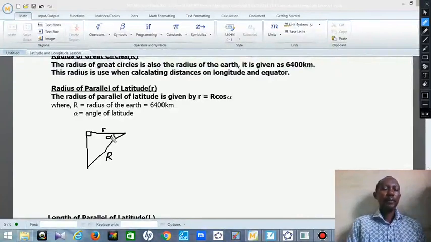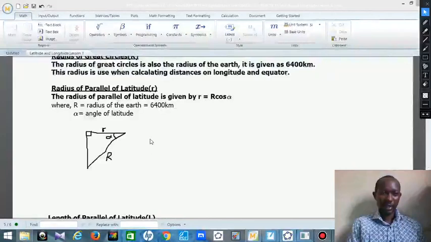So when you now say cos of this angle, the cos of this angle is going to be adjacent over hypotenuse. So let me put it down in the write-up so that we can see it.